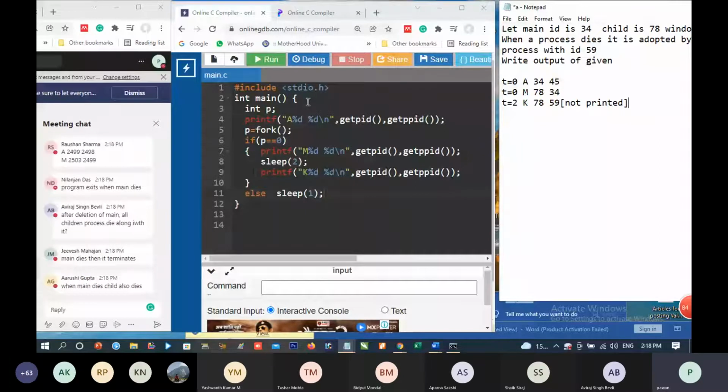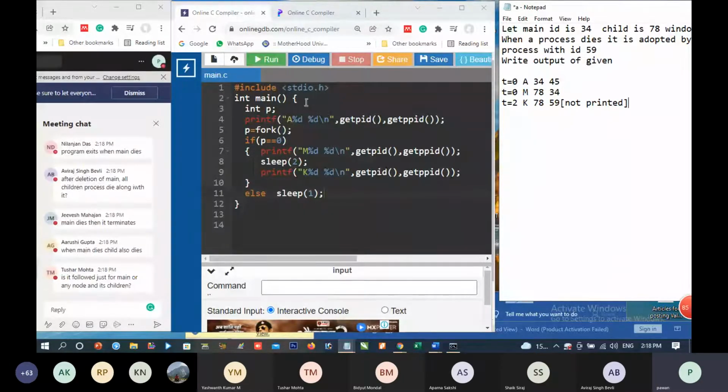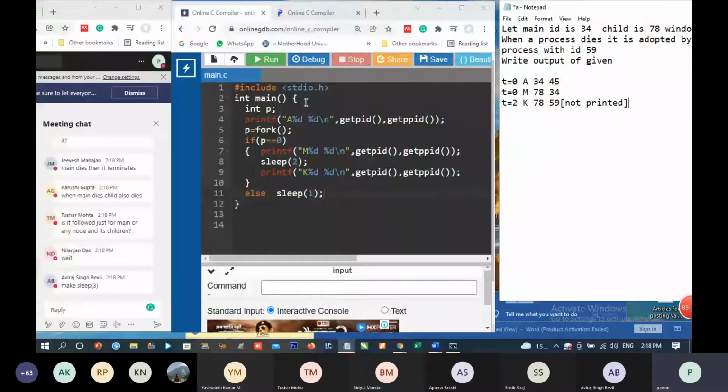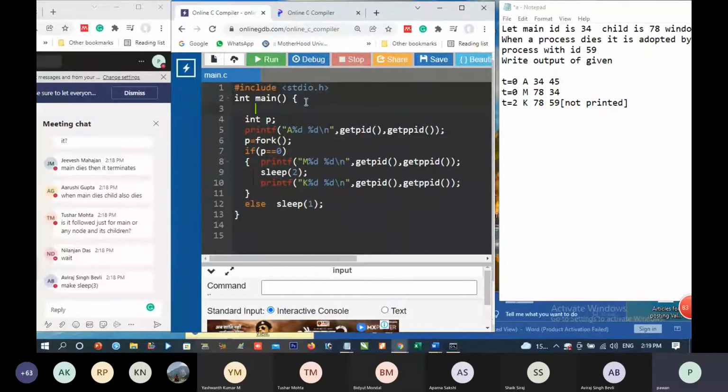We shall write like this under these circumstances. It only follows for main, not for others. Otherwise, we shall not be able to see the adopted process effect.